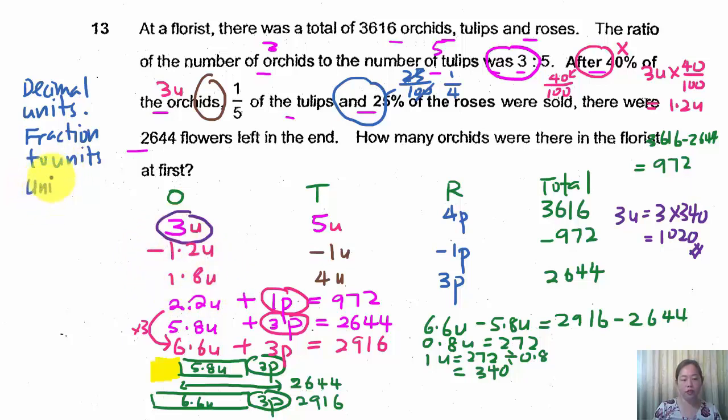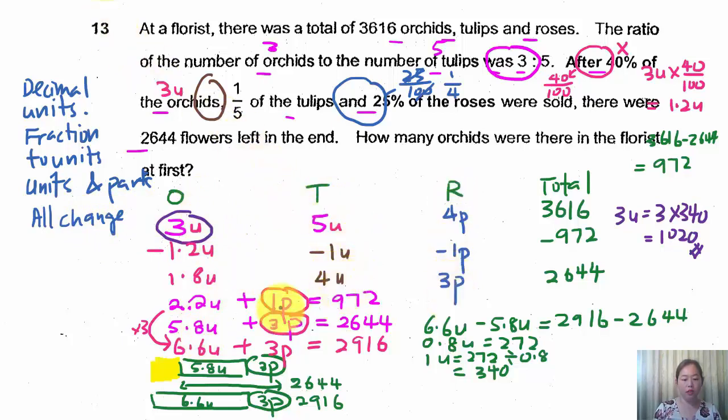This is a unit and part question because orchid and tulip share the same comparison, whereas roses belong to another comparison. We also can see that this is all change because every item type has changed in number.